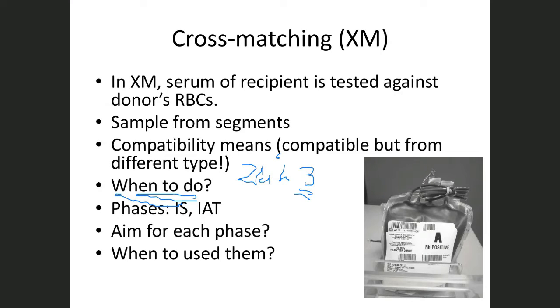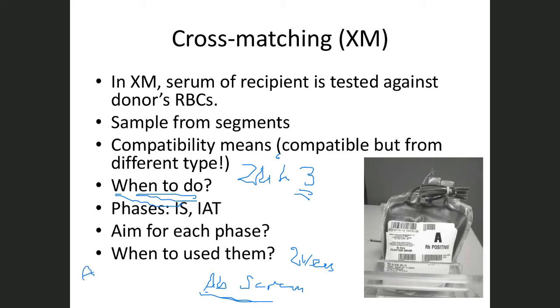Okay, a question. If I have a patient and I open the record of this patient and I see that they did antibody screening 2 years ago, do you think it's enough or do I have to repeat the antibody screening?